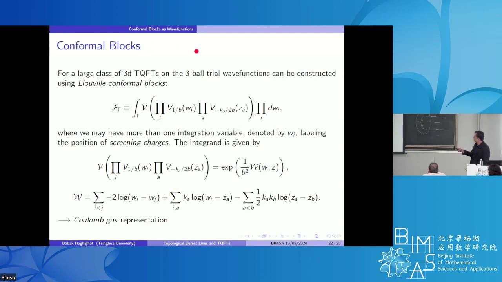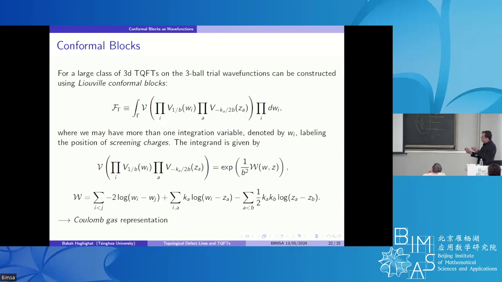Once you do this, you get a function, or actually a section of a bundle, depending on these z's. That's your wave function. These wave functions are degenerate because you can have many different integration cycles and get many wave functions. It's actually a vector. This is called the Coulomb gas representation because in 2 dimensions this is just the Coulomb potential, so you can think of these as particles subject to a Coulomb interaction.